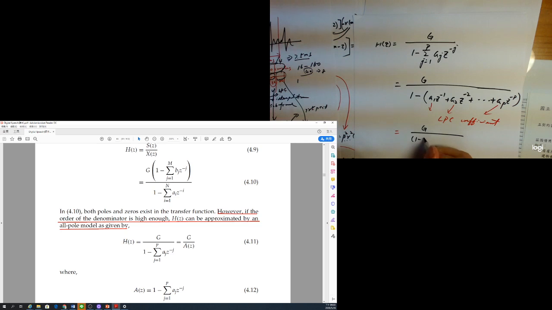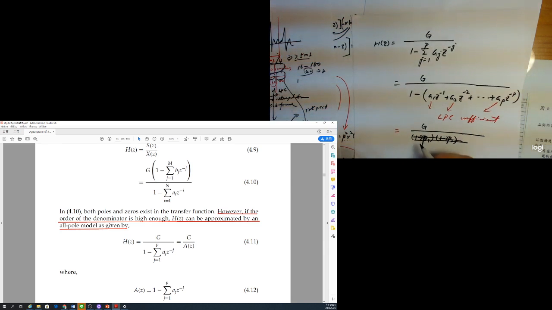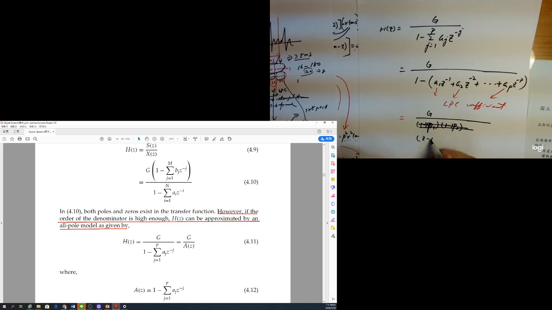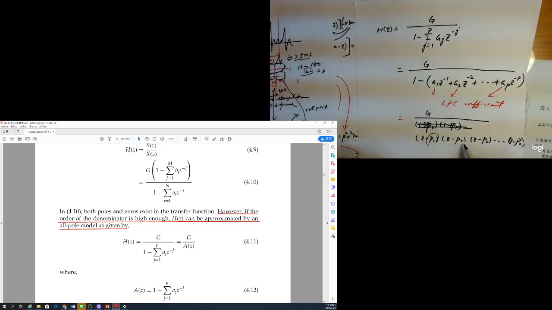Because this is an open model, if you can transfer it to the form 1 minus pole 1, then pole 2, pole 3, up to pole n, that is your pole.